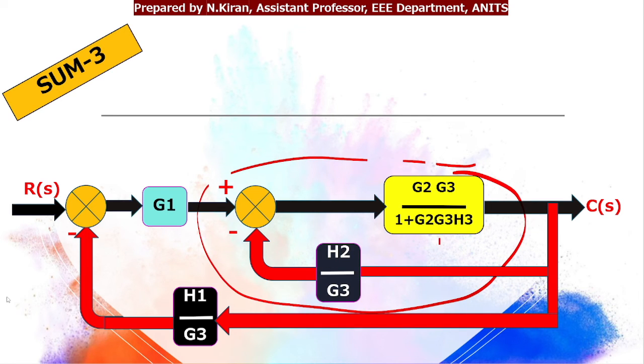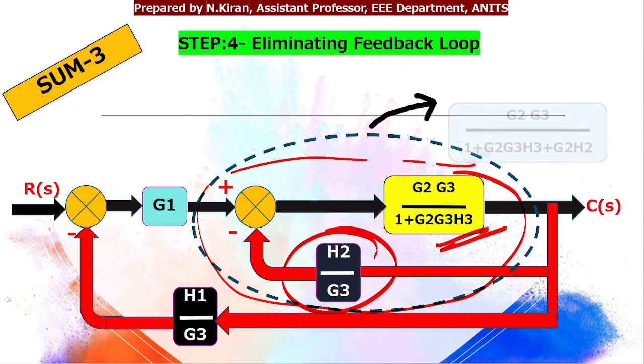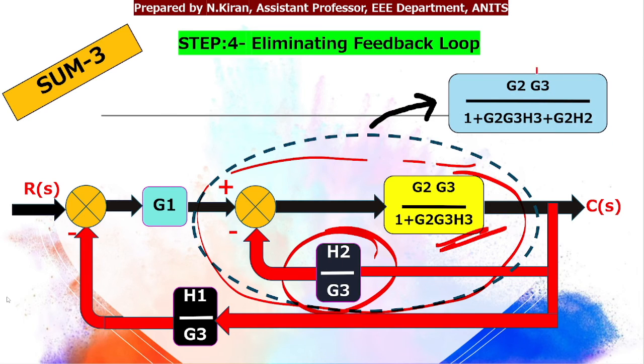In place of g I have g2 g3 by 1 plus g2 g3 h3. In place of h I have h2 by g3. Applying that formula, that will give me the value of the block gain as g2 g3 by 1 plus g2 g3 h3 plus g2 into h2.